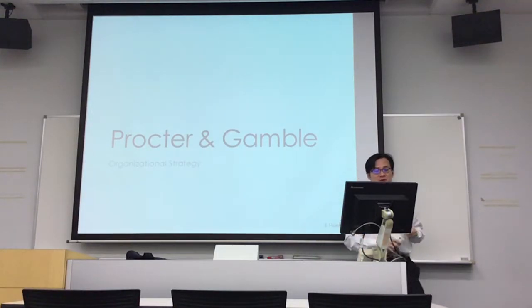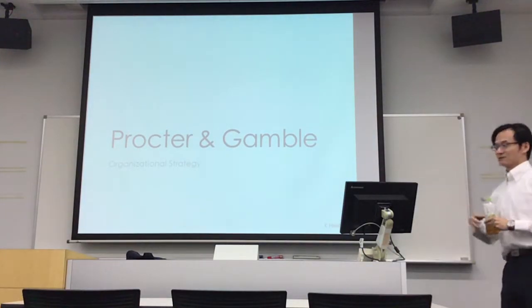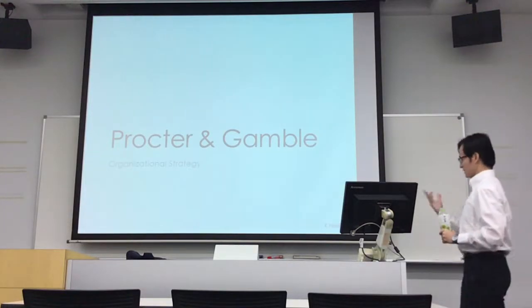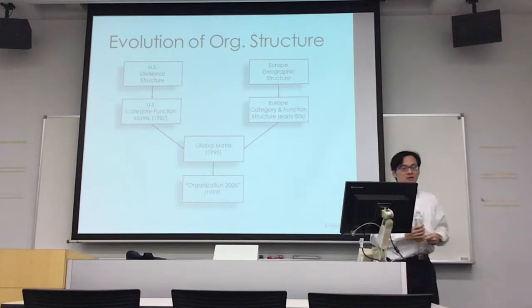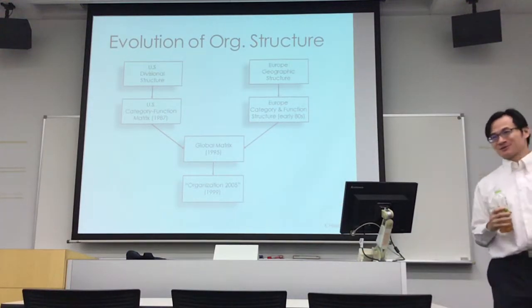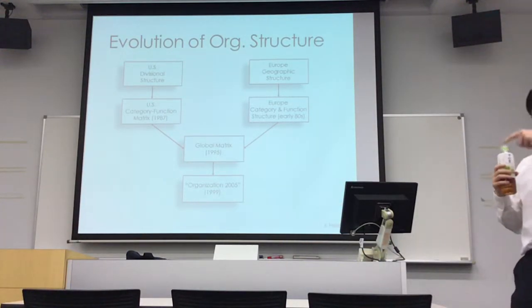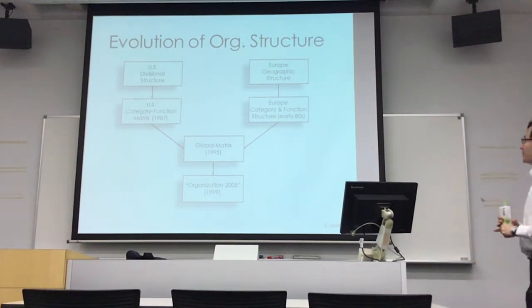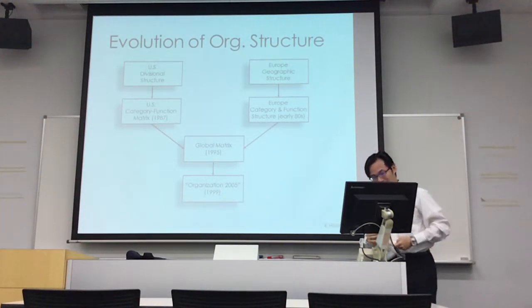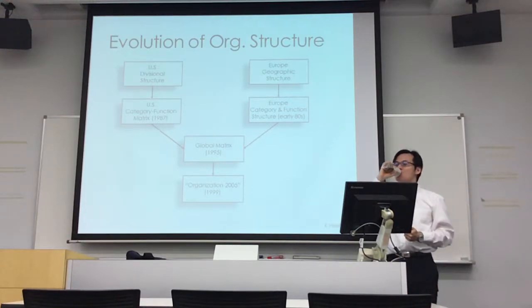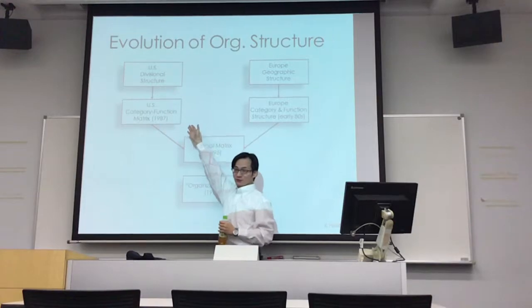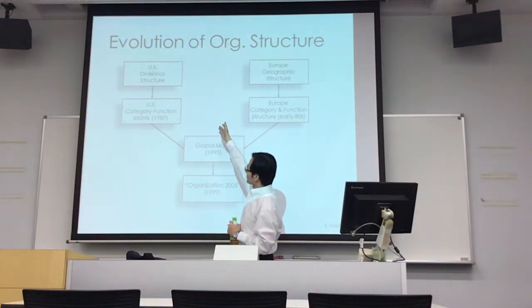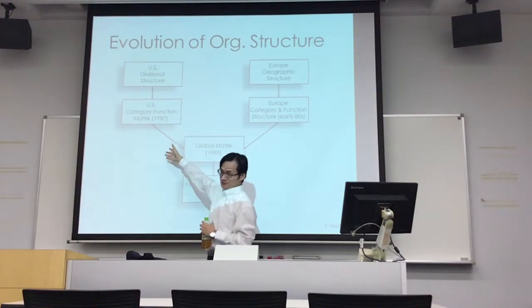All right. So the second case we will look into is this Procter and Gamble, P&G. Now there are so many organizational charts in this case, and we are going to examine them one after another. They have a divisional structure in the U.S., which was later reorganized into a matrix structure.